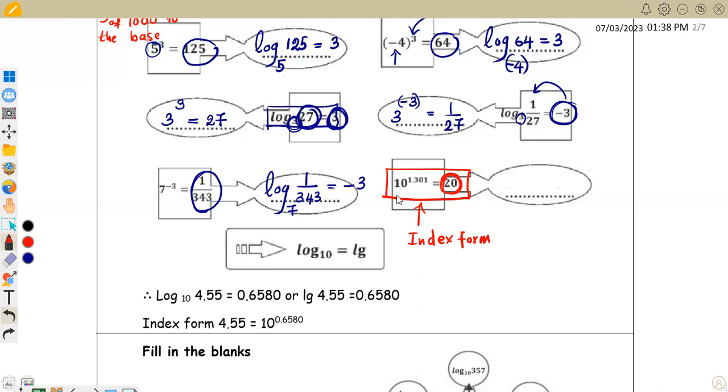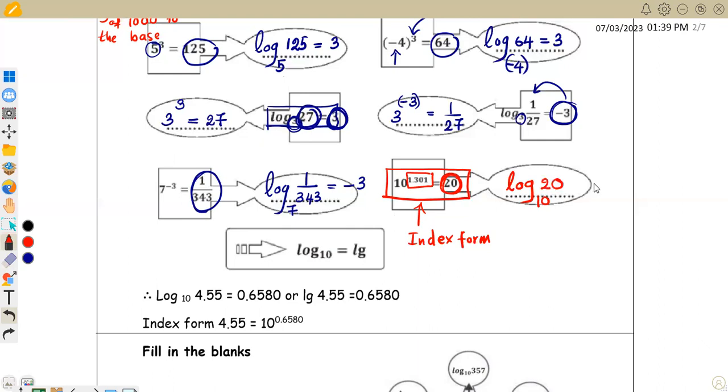That means when you write 20 as a power of 10, its index is 1.301. Then when you write this in log form, logarithm to the base 10, what we write within the log term? Now you know it is 20.